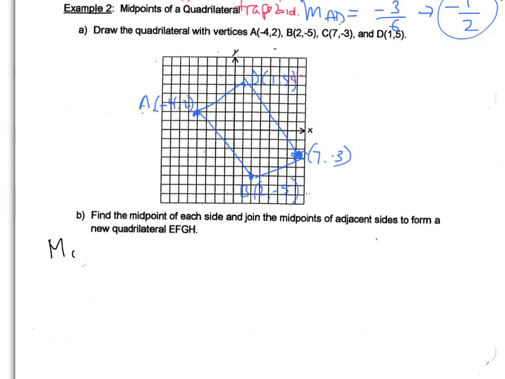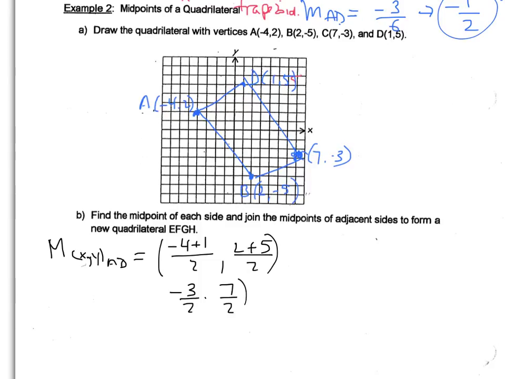The coordinates of the midpoint of AD are the average of the x coordinates and the average of the y coordinates. So we have negative 3 over 2 and 7 over 2. It's okay if we put those into decimals, that's not a big deal. So negative 1.5 and 3.5. So that shape is going to be right there.